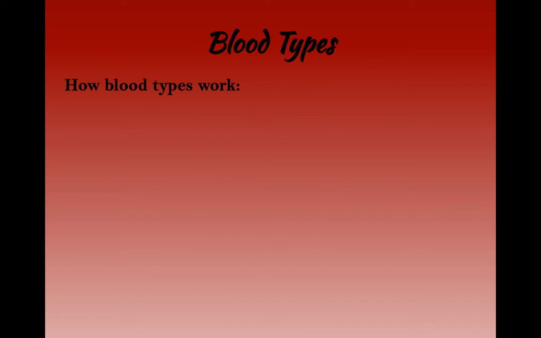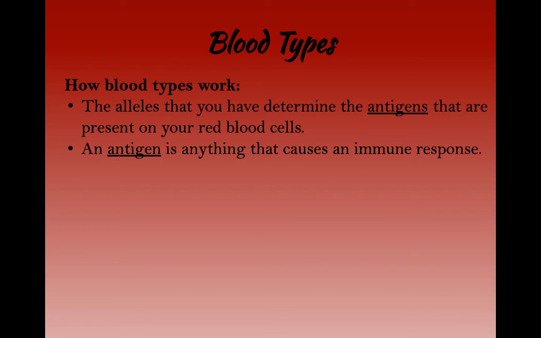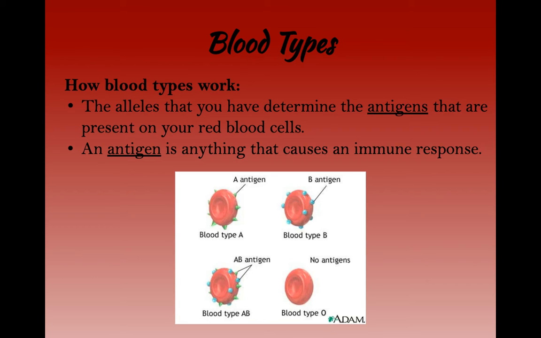Now let's actually talk about how blood types work and what they mean. The allele that you have determines the antigens that are present on your red blood cells. An antigen is anything that causes an immune response. Your immune system is looking for antigens around your body, and when it finds them, it causes an immune response.